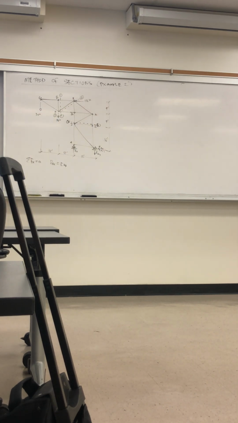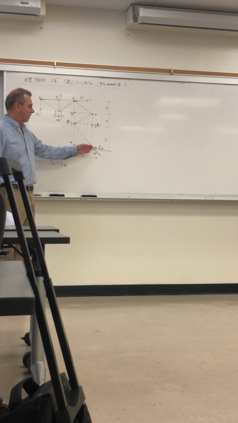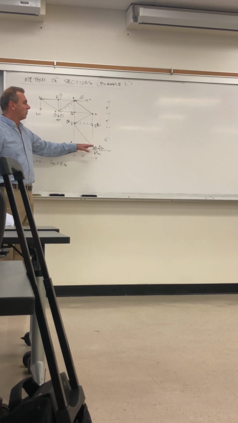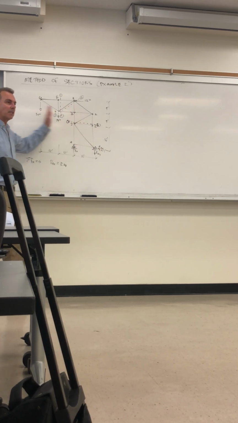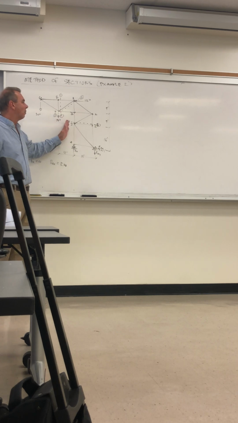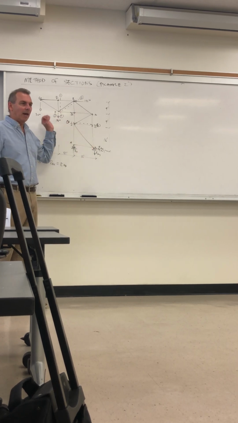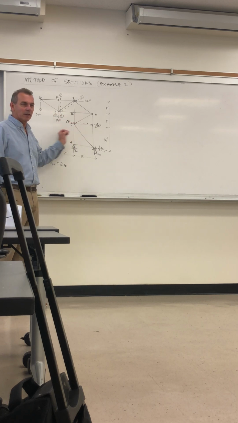I should also point out that this reaction is preventing the structure as a whole from continuing to displace 20, 30 feet, whatever. That reaction point has, by definition, absolutely 0 displacement horizontally.